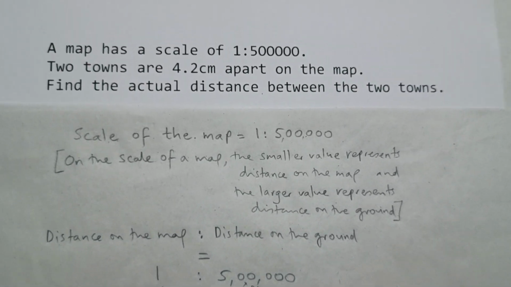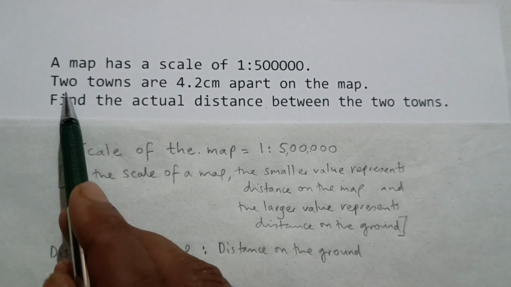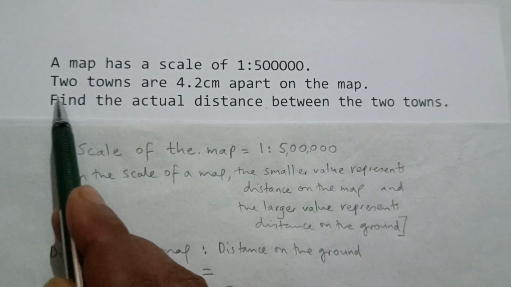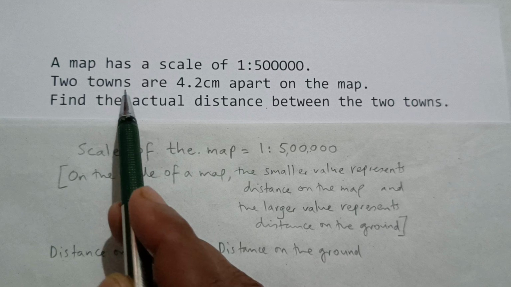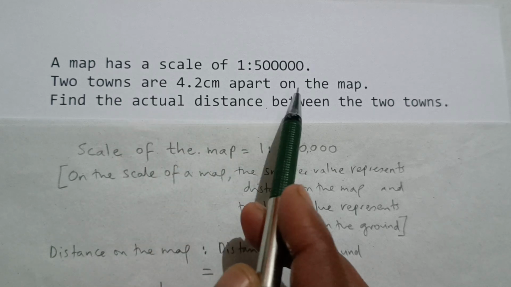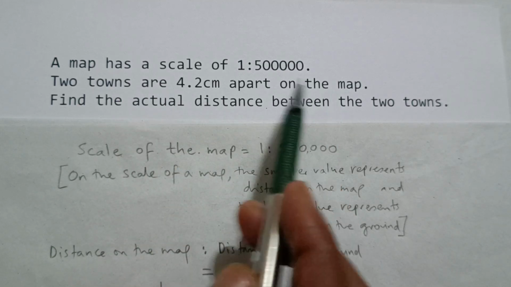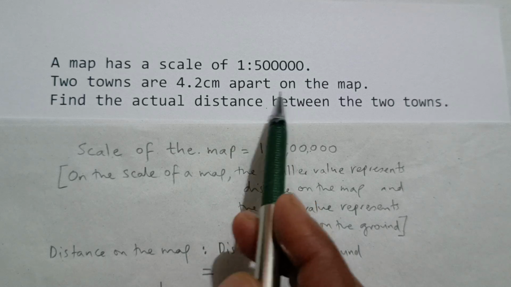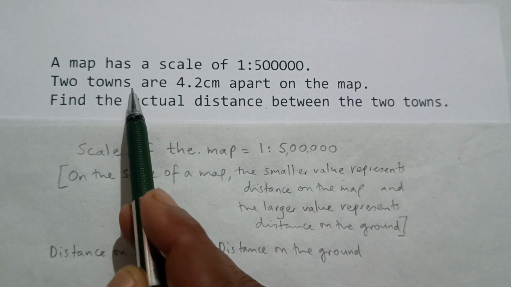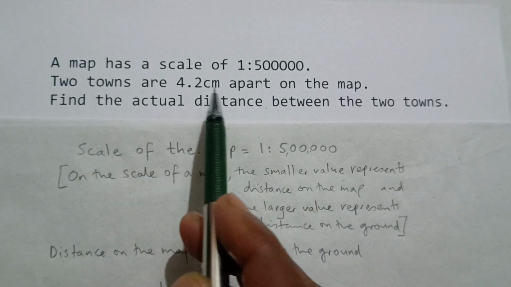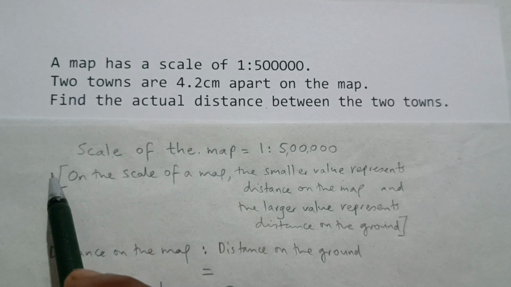Now, look at the second statement. Two towns are 4.2 centimeter apart on the map. So on this map, there are two towns and the distance between those two towns is 4.2 centimeter.